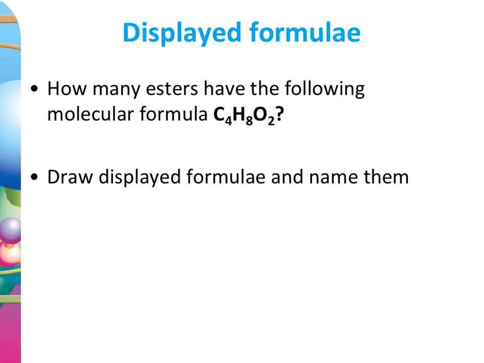Because I don't have a lot of space here, and it's quite difficult with a pen to draw really clearly, I'm going to do them as skeletal formulae, but you do them as displayed formulae. You've still got to name them, and let's see if we get the same answer. So pause the video and try to determine how many esters would have that molecular formula.